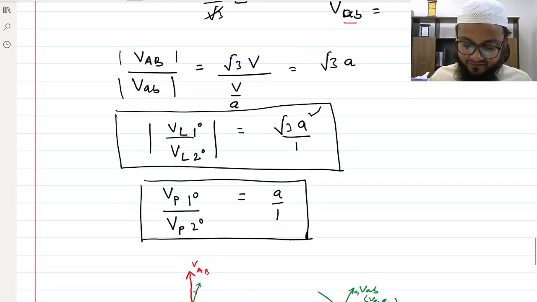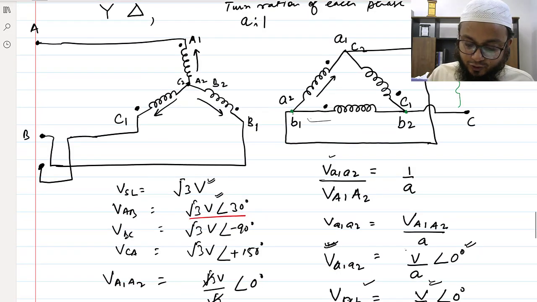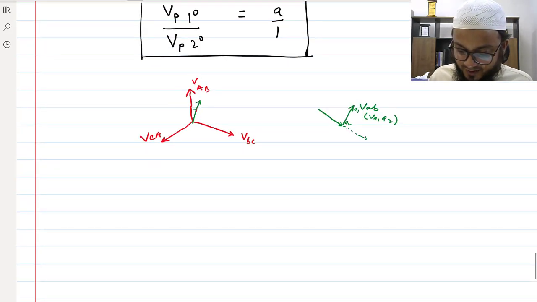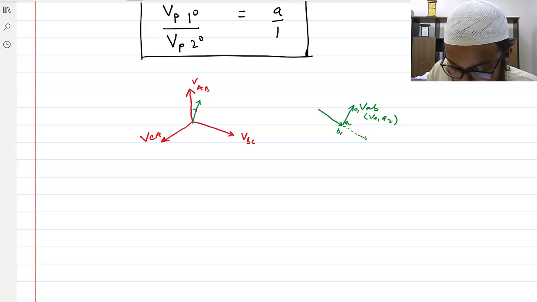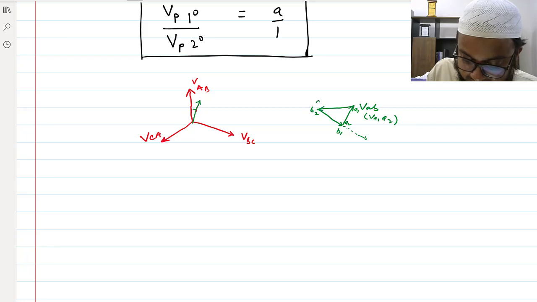Similarly, for B phase, B1 is connected to A2, right? So if this is B1, this is B2, this is C1, this is C2, okay?